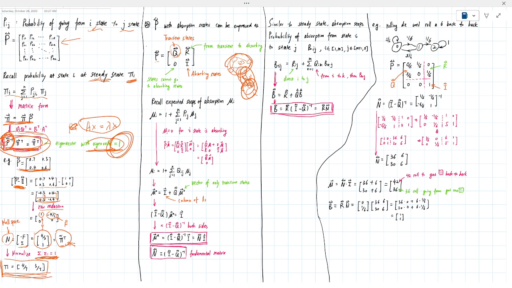So recall the expected steps to the absorption state as mu I. The expression is written as such. Again, the more lengthy discussion is in the description. We know that if we are already in the absorbing state, it takes 0 steps to get there.